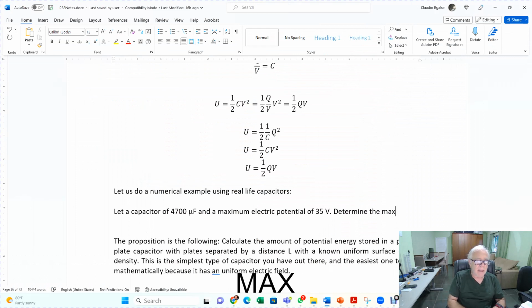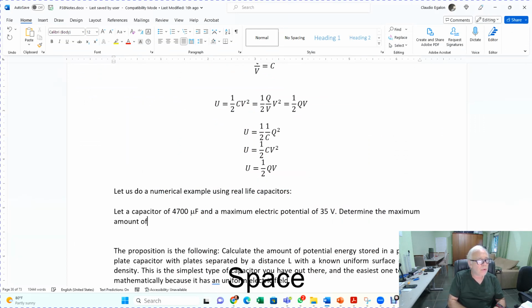Determine the maximum amount of energy that this capacitor can store. Okay?